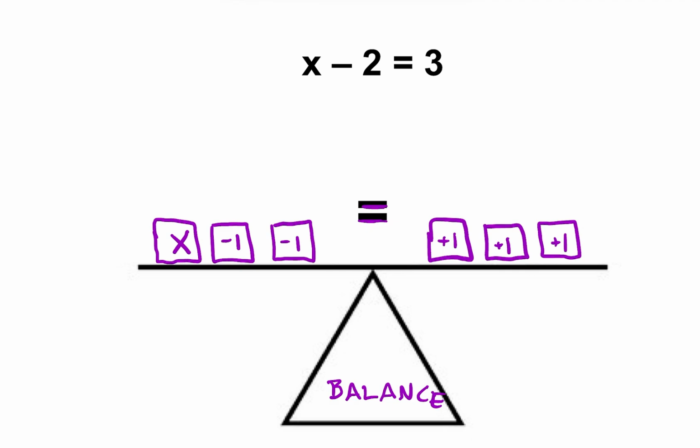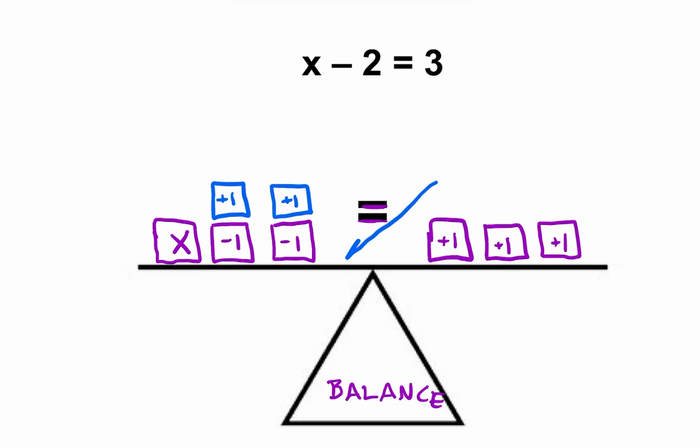They're equivalent. So I need to figure out, what do I need to do to get the x by itself? How do I get rid of these negatives? To cancel out a negative, think of zero pairs: what would get rid of a -1? A +1. So if I add a +1 here and a +1 here, technically those cancel each other out, but they're still here.